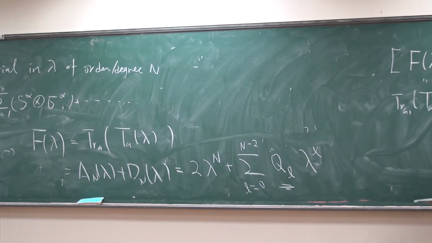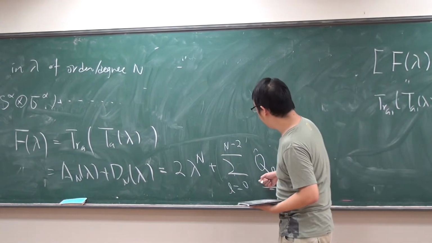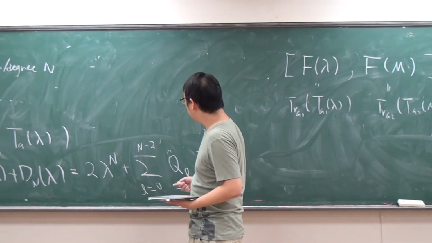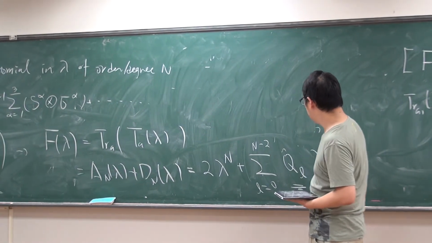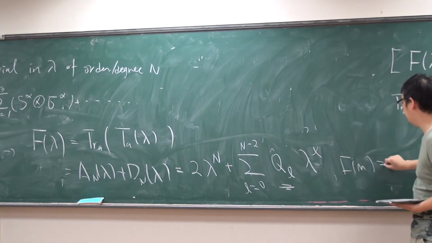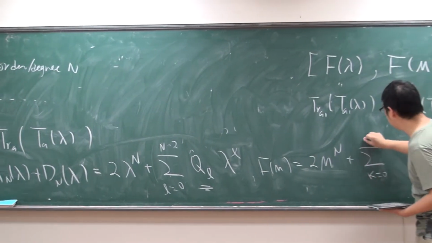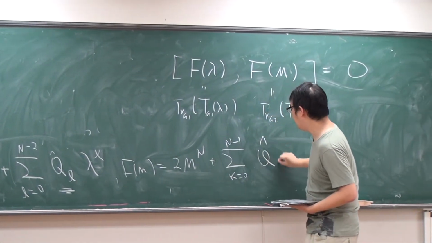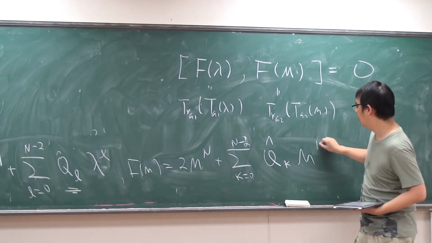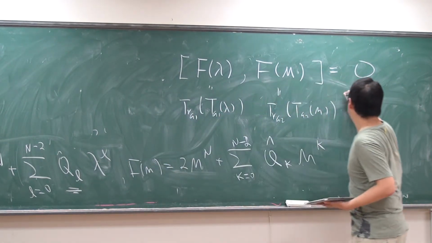So therefore, for the commutation relation to actually work, that implies that all the expansion coefficients for F(λ) and F(μ), which are basically quantum mechanical operators Q, commute with each other. So you can have one of those, and then this one, something like 2 μ^(n+k) sum from k=0 to n−1 of Q_k μ^k. That means all these commute with each other.